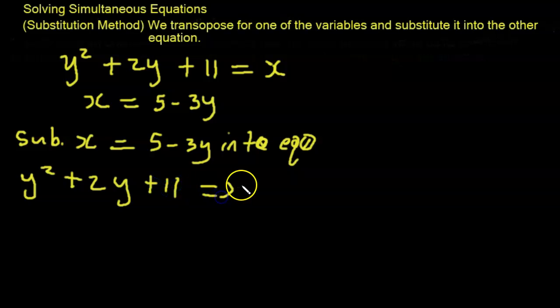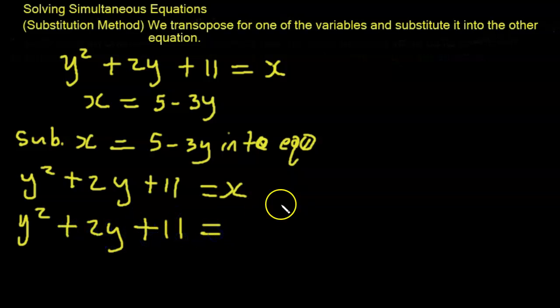That's equation 1. But we know that x is equal to 5 minus 3y. And therefore we can replace the x variable there with 5 minus 3y. And then what we have is a quadratic.